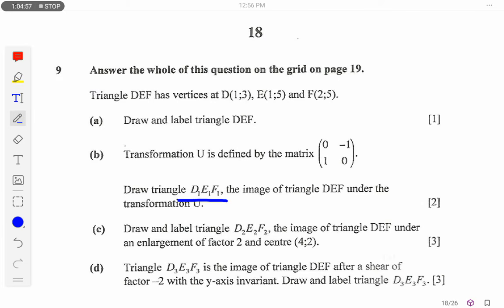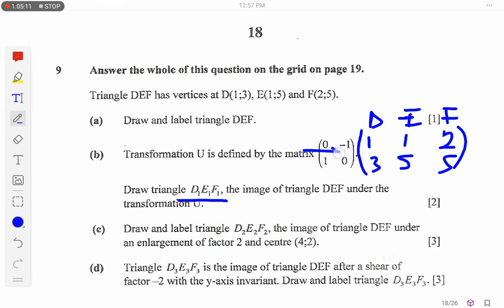The easiest way is to multiply with D, E, and F. My D is 1, 3, my E is 1, 5, my F is 2, 5. You do your row by column, and you'll get minus 3, 1, minus 5, 1, minus 5, 2.